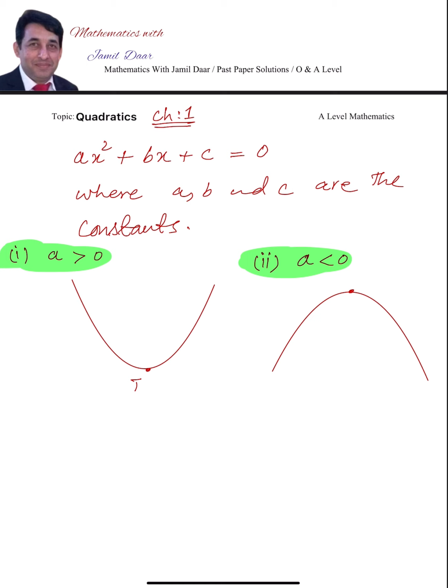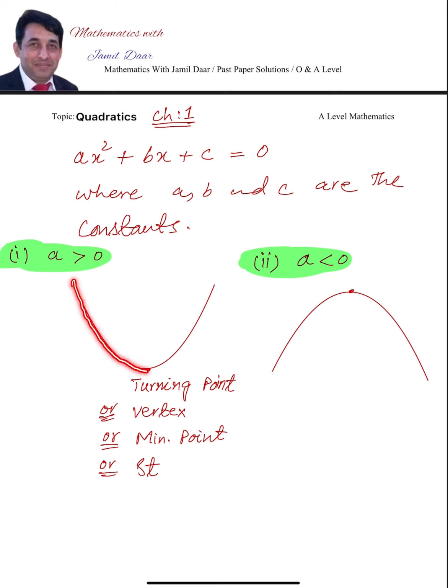It is called the turning point, or you can say vertex, or you can say minimum point, or you can say that this is a stationary point, because the graph is going downwards, and it stations over here, and then it goes upwards. Okay, stationary point.